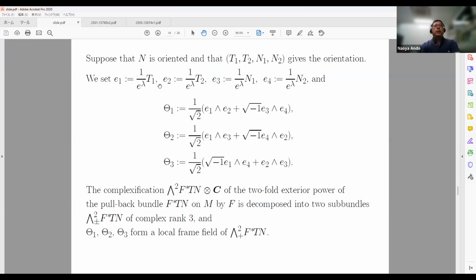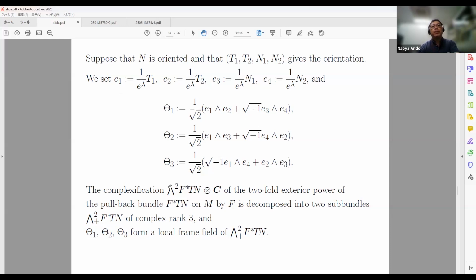Let E1, E2, E3, E4 be given like this. And let theta 1, theta 2, theta 3 be given like this. Notice that the imaginary unit appears. This is the imaginary unit, the square root of minus 1.